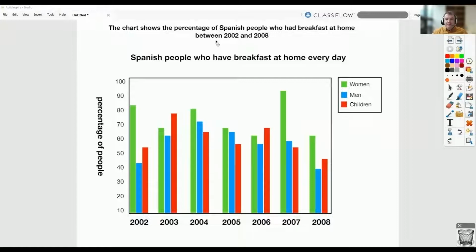See how you get on, and then watch the video after to see my model answer and how I go about answering it. See if you did it the same way that I would. Okay, let's start and have a look at this graph.